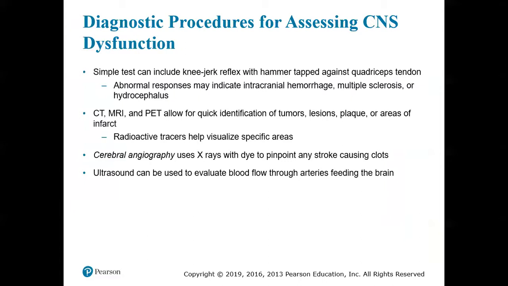But of course, we're going to want to go a little bit more analytical, and we're going to look at a CT, MRI, or PET scan. Remember what those stand for, okay? Also remember the definitions I gave you in terms of the lesion. We already talked about radio tracers and how that works. So these are our diagnostics.